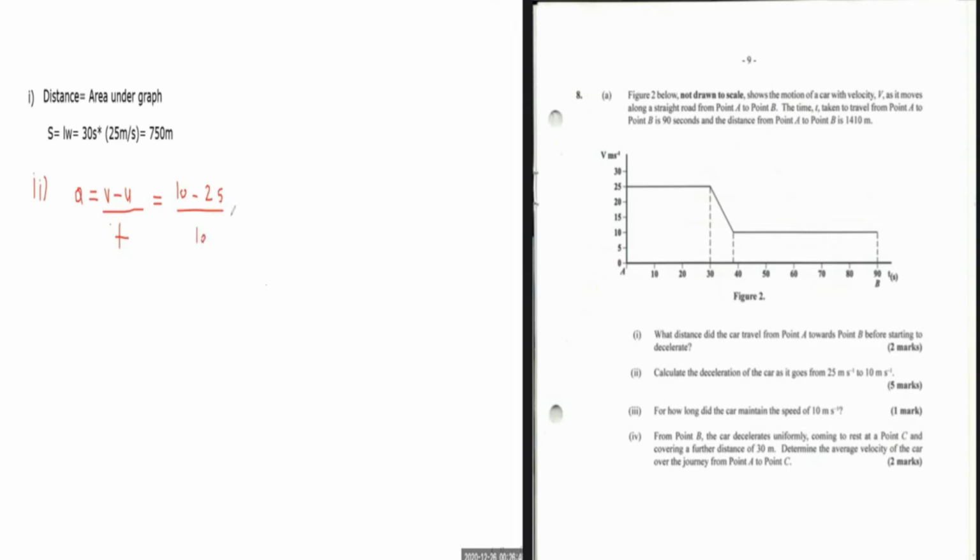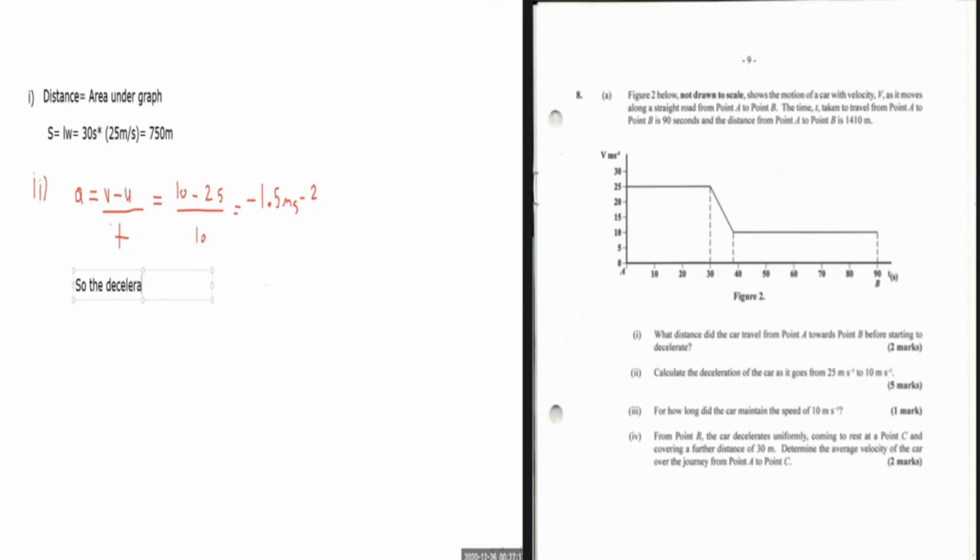So what does that work out to be? This works out to be 10 minus 25 divided by 10, which is minus 1.5. This is the negative acceleration, minus 1.5 meters per second squared.